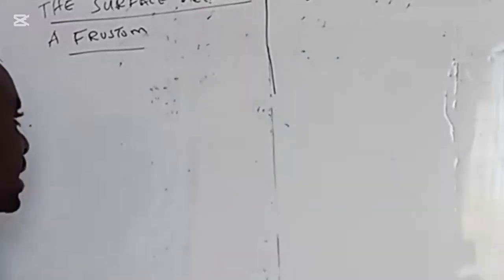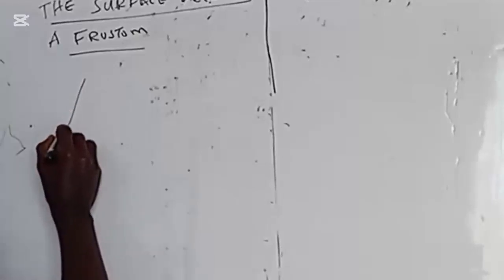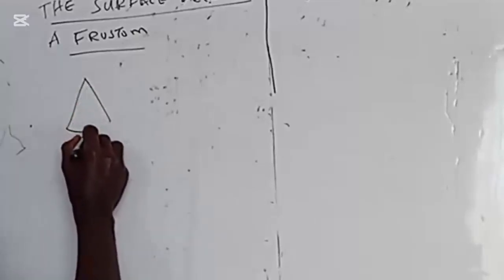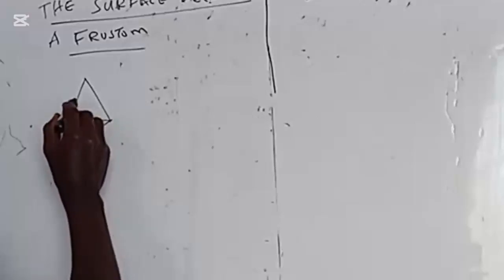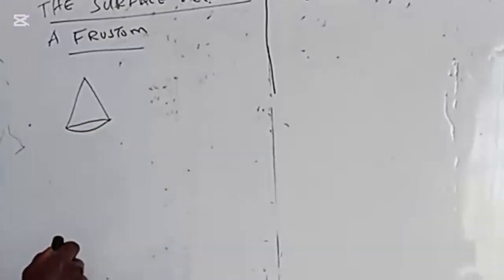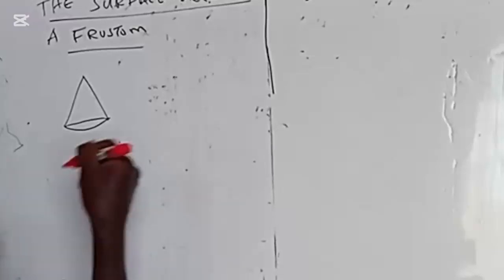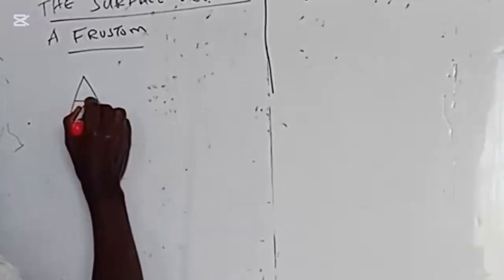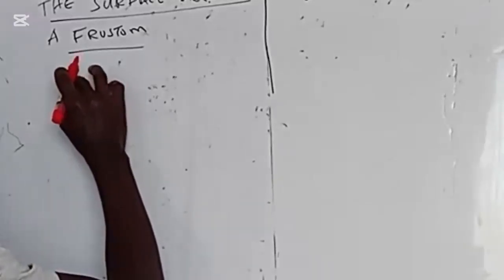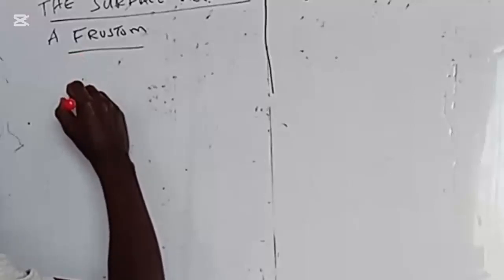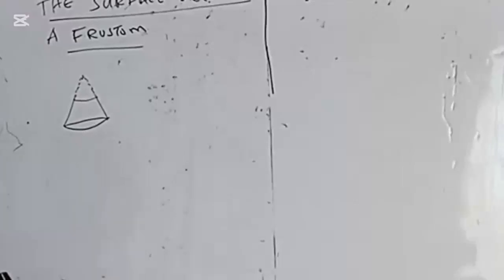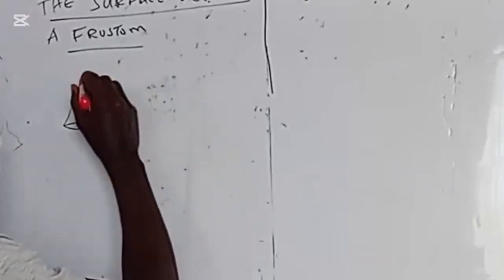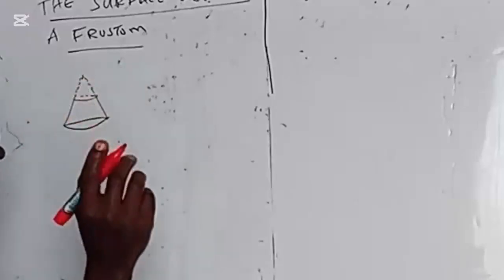If you look at that cone that we're drawing, the part that I remove is also a cone. So what we do in getting the area of this, we have two cones.